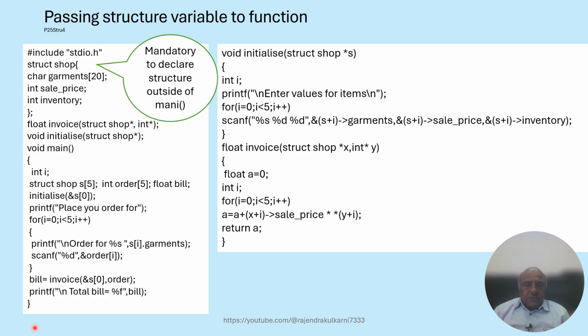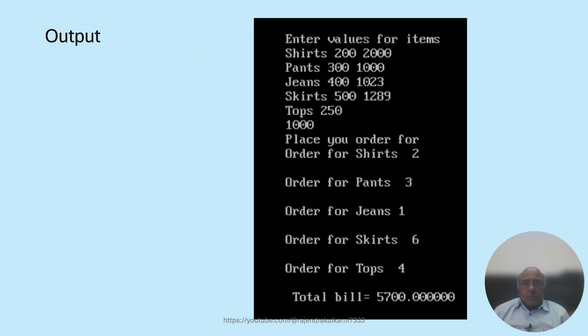and this printf statement displays the total bill that has been calculated by the function invoice. What is the output when I ran this program? First, there was a prompt, enter values for items.